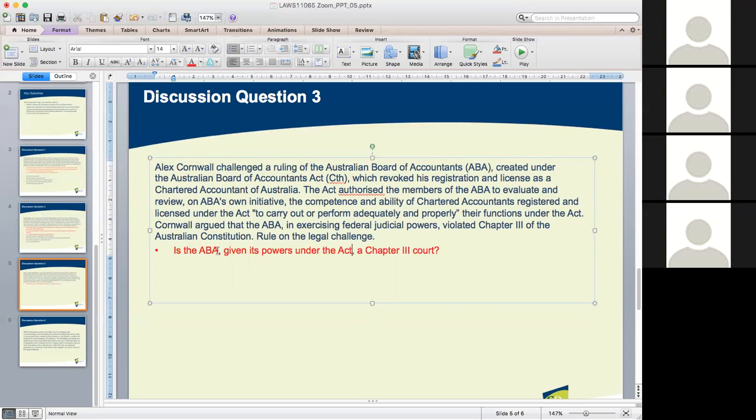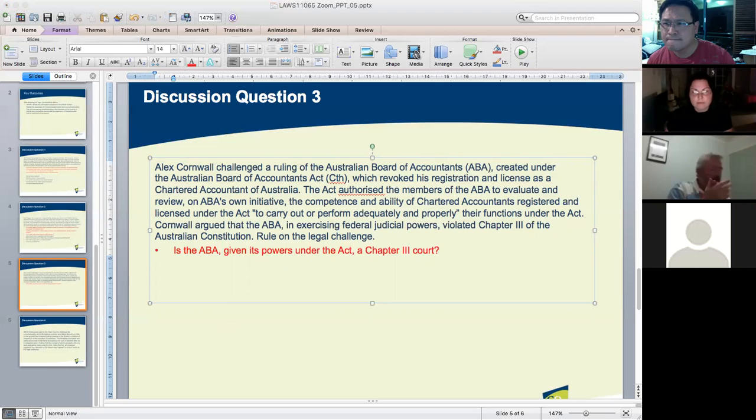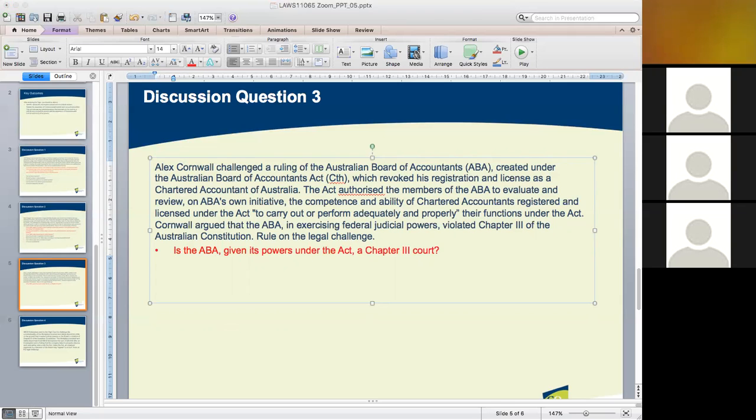Vicky. Yes. Okay, so you need to consider, pursuant to Section 75 of the Constitution, whether the court is actually exercising judicial power in relation to a matter or a controversy, and whether that court or tribunal is able to give a final binding or conclusive decision.